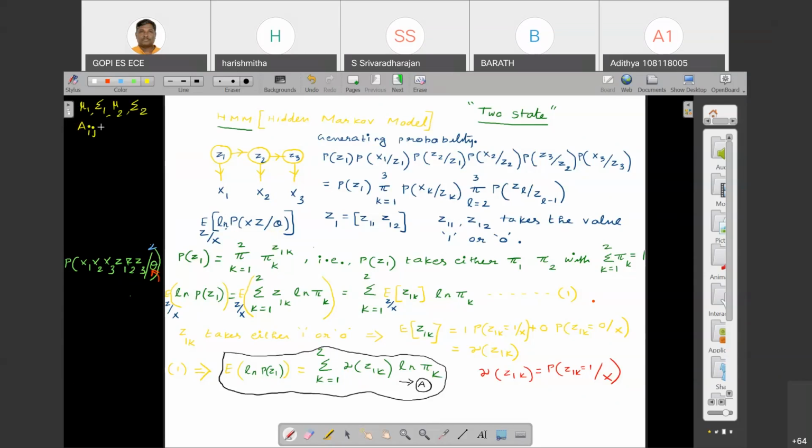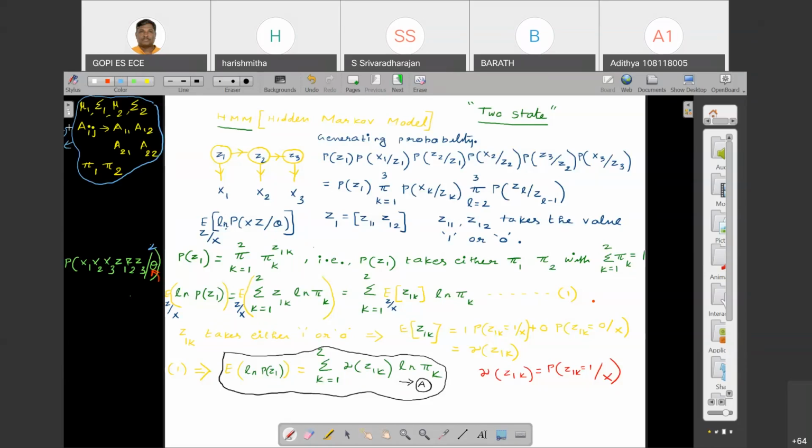If it is a two state model, then we have only a11, a12, a21, a22. And then of course we have the priors pi1 and pi2. These probabilities grouped together are theta.